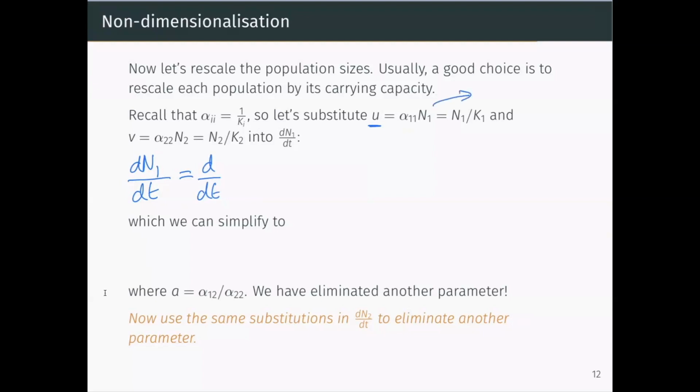So wherever I see an n1, I can replace it with u over alpha 1. So I'll write u over alpha 1 here. And this alpha 1 is just a constant, so we can bring it out the front. We just have then du dt in the derivative.